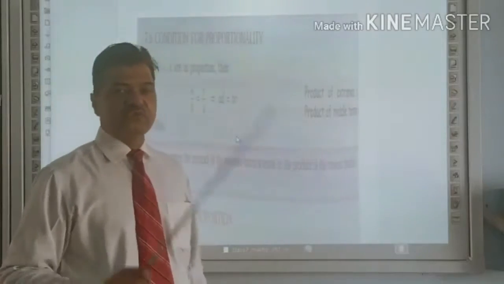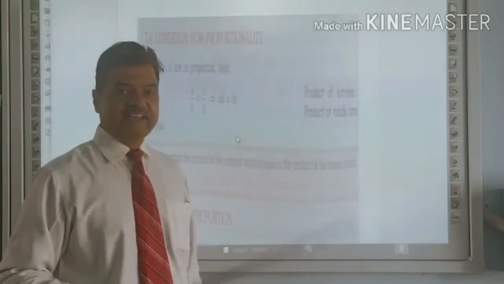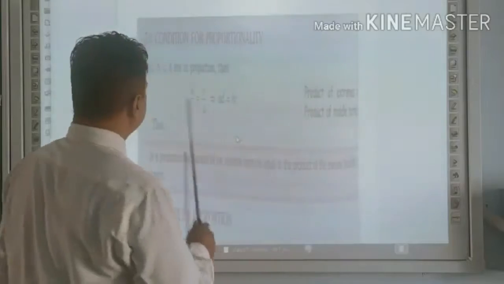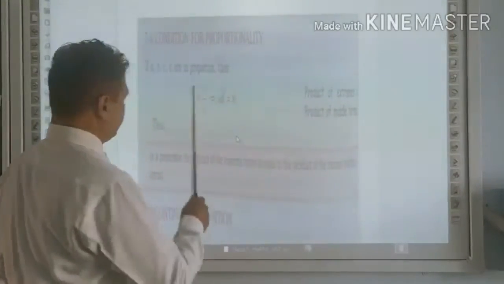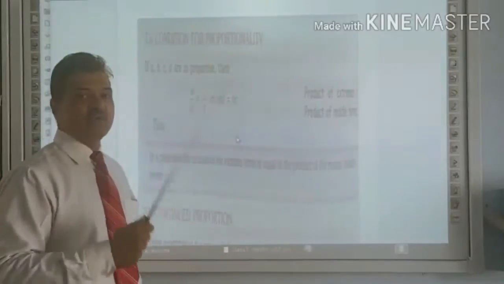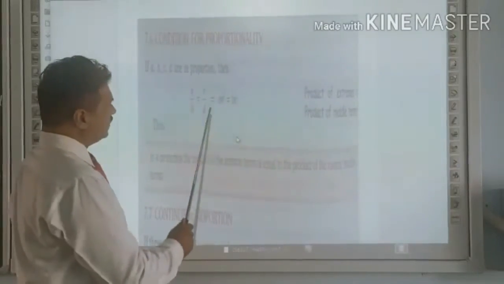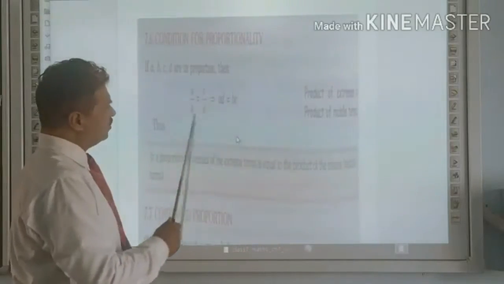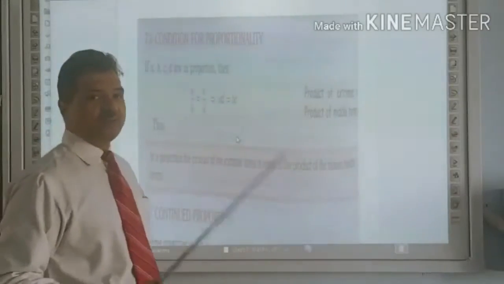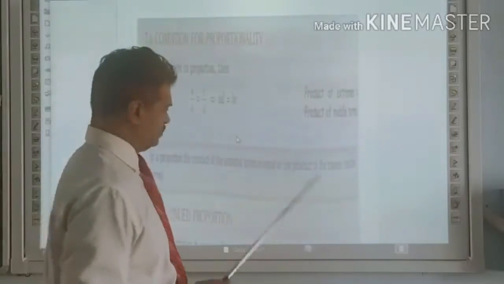If two ratios are equal, then we can say they are in proportion. If A, B, C, D are in proportion, then we can arrange them A upon B is equal to C upon D. So when we cross multiply these quantities, AD is equal to BC. It is called proportion between two ratios.